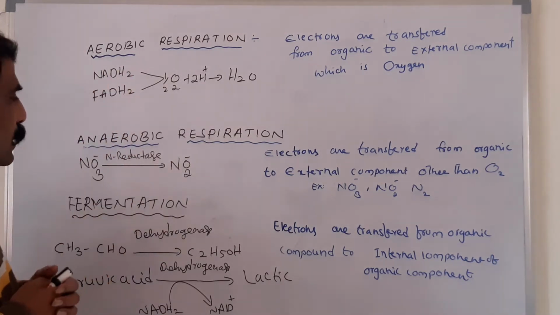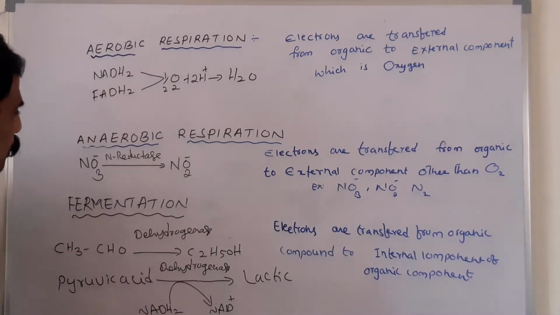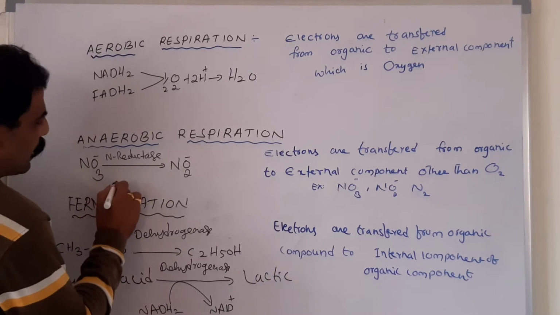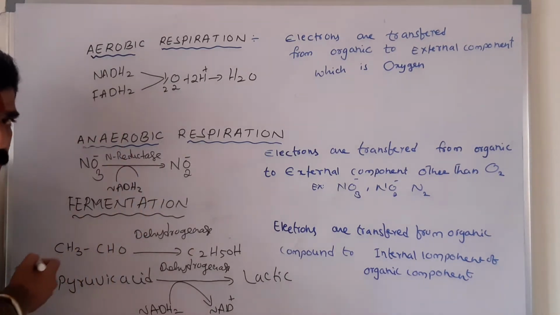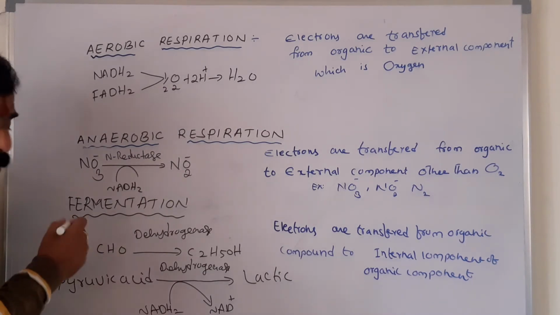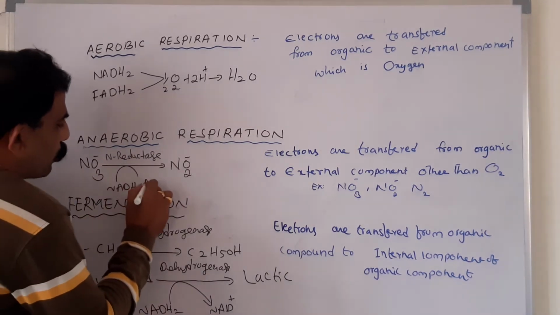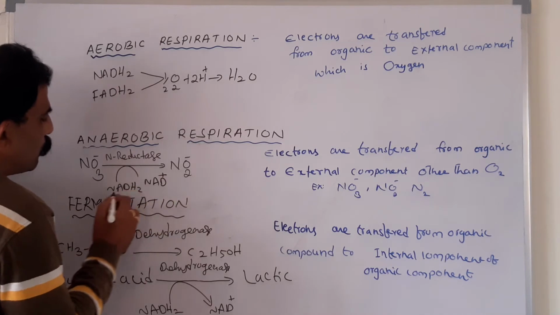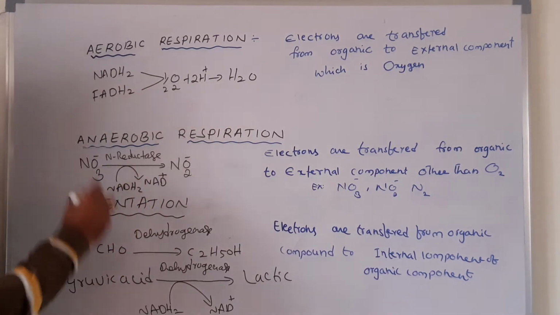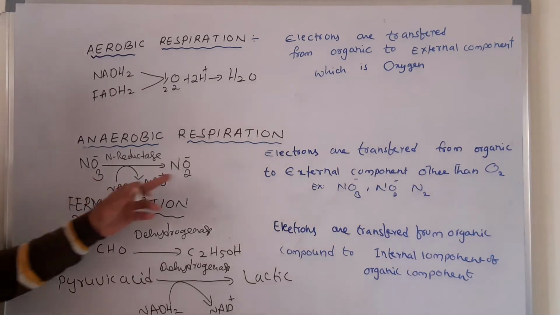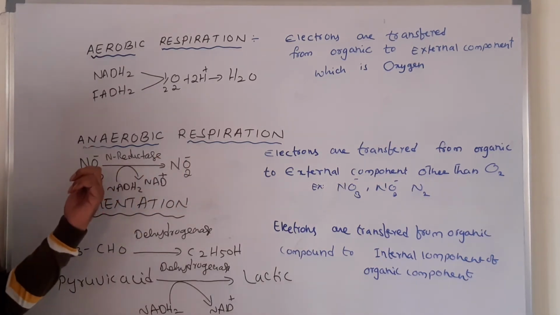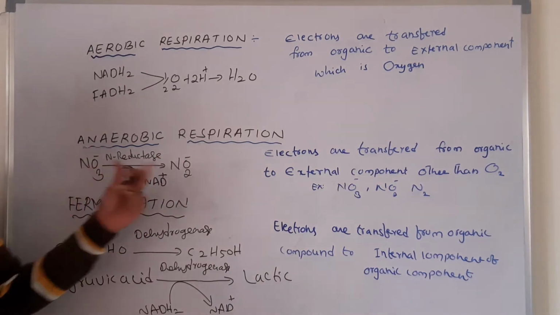Now the electrons finally transfer to whom? Nitrates. See here, NADH2 received electrons from an organic compound like glyceraldehyde 3-phosphate, and now the electrons are transferred to an inorganic one. Which one? Nitrates. It is the external component, not the internal component.